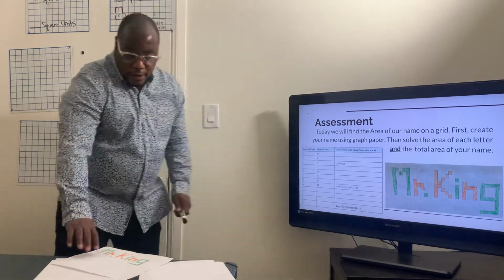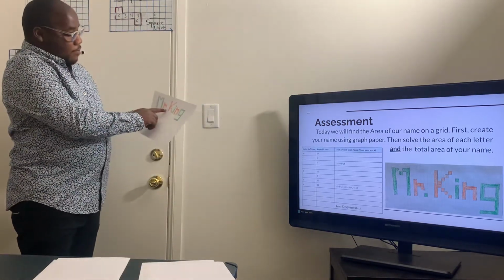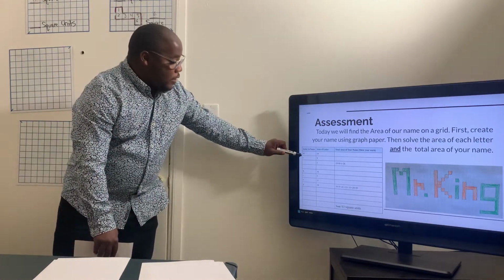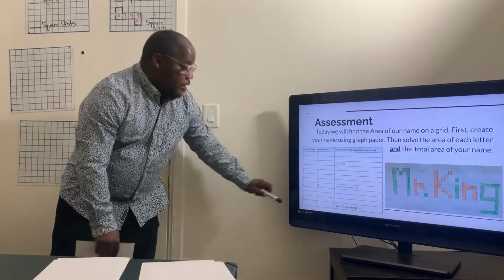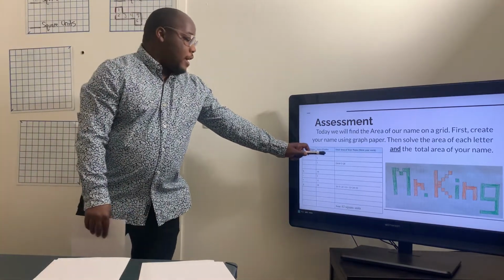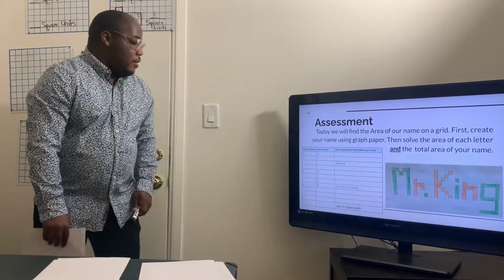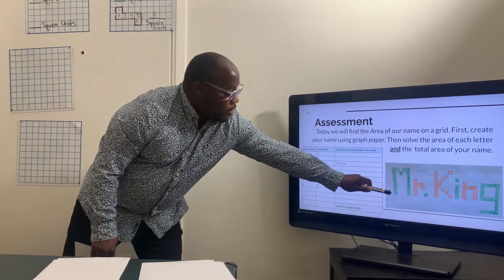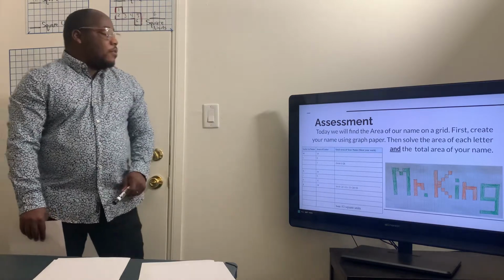For me, my name is Mr. King, so in my letter column, I have Mr. King. After that, we have area of letter. That means I'm going to look at M, and I'm going to find the area.